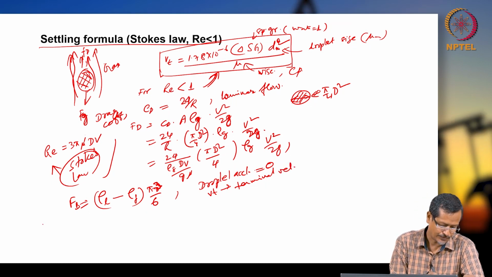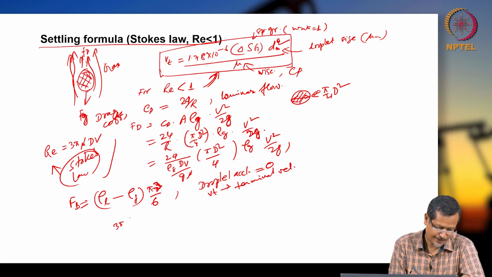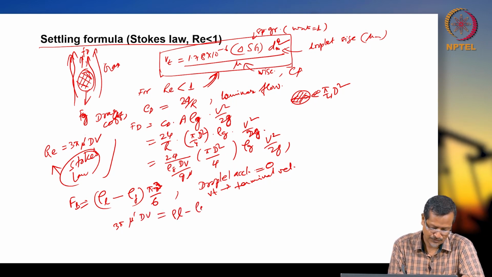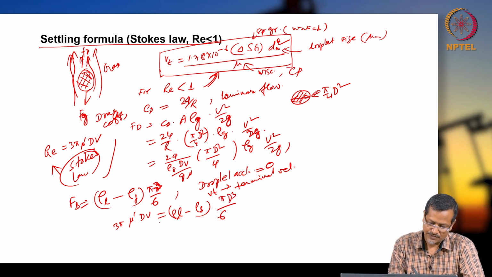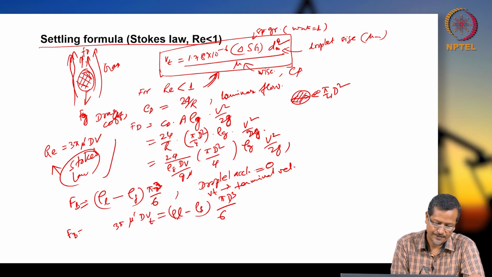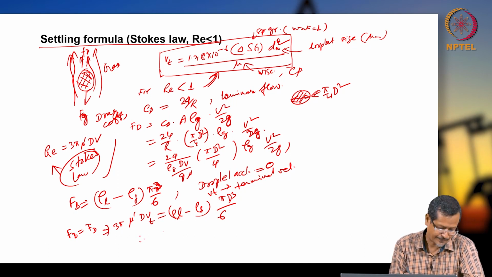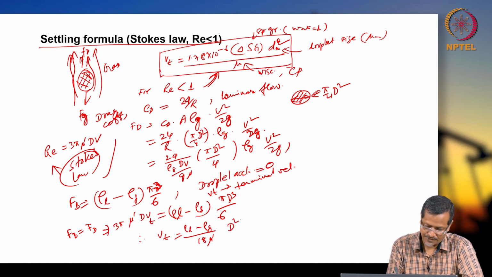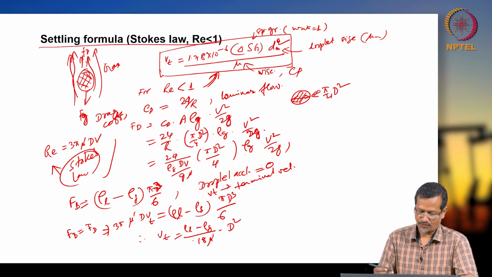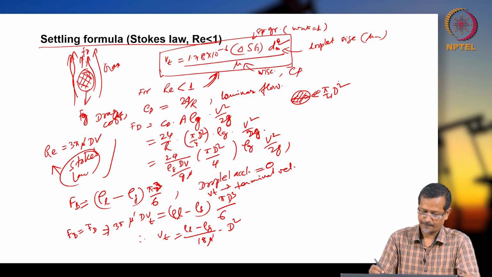So finally Fb equals Fd implies 3 pi mu dash d V equals rho L minus rho G pi d cube by 6. So finally you are getting Vt equals rho L minus rho G by 18 mu dash, d square.